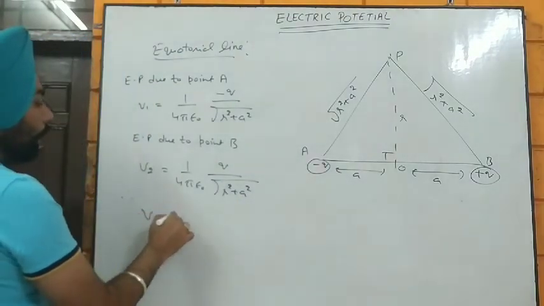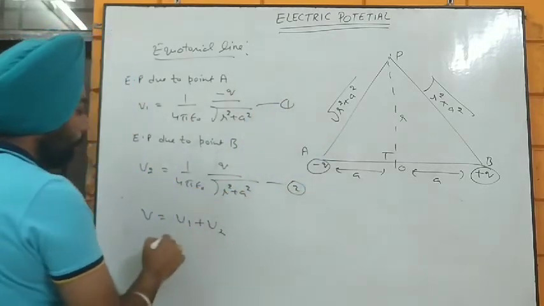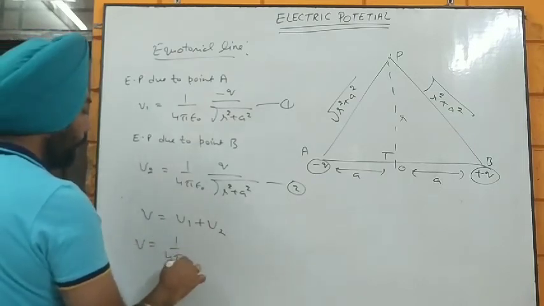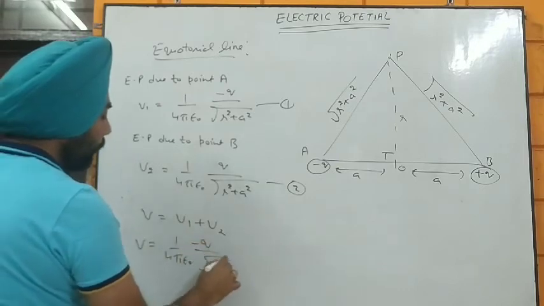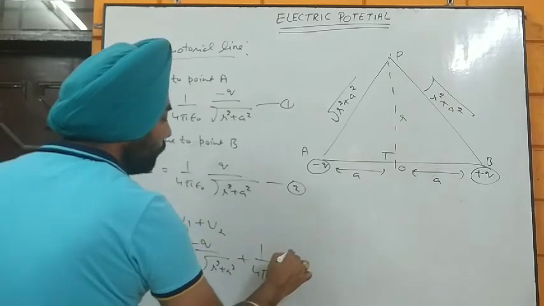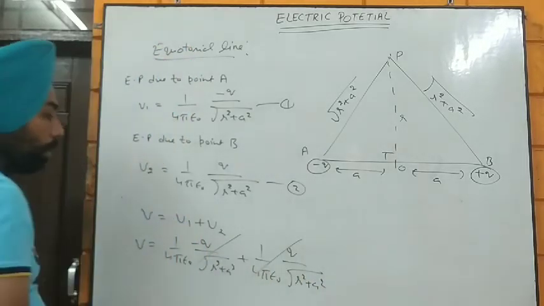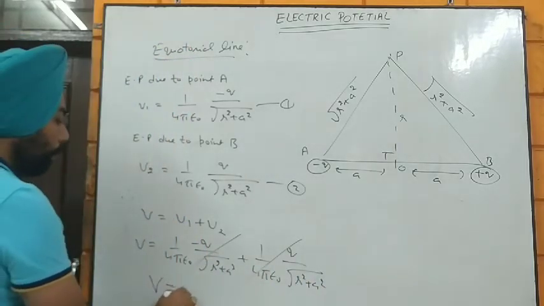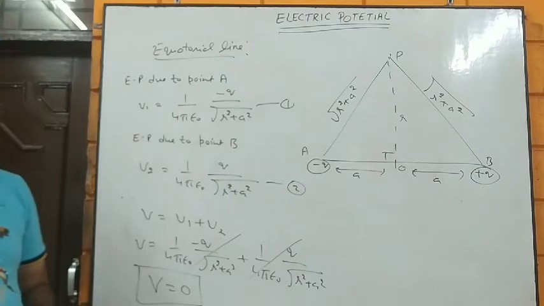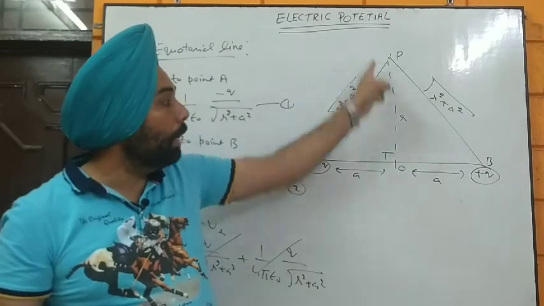Therefore, the total potential is going to be V1 plus V2. That is equation 1, that is equation 2. But these two values are equal, which means 1 over 4 pi epsilon naught minus q over the square root of r square plus a square, plus 1 over 4 pi epsilon naught q over the square root of r square plus a square. These values are going to cancel out, which means the potential is going to be 0 on the equatorial line. Always remember that the electric potential is always going to be 0 on the equatorial line of the electric dipole.